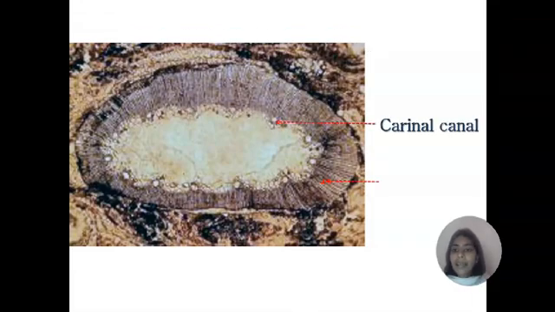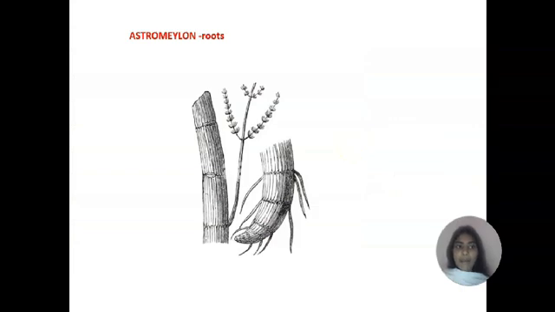Here you can see the carinal canal and the secondary xylem formed. However, there is no annual ring formation in case of Calamites because it is believed that during their period there was no seasonal variation.